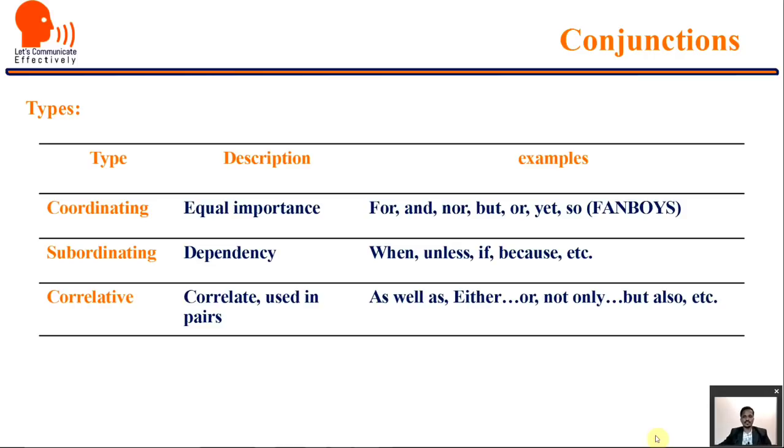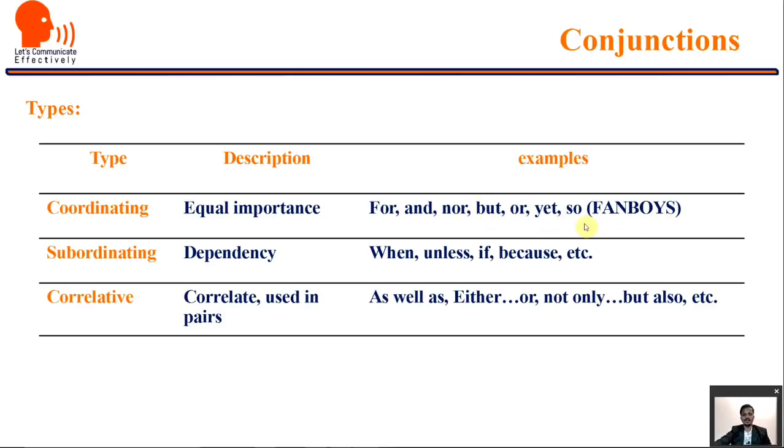The types of conjunctions are divided into three: coordinating conjunctions, subordinating conjunctions and correlative conjunctions. Coordinating, they describe equal importance: for, and, nor, but, or, yet and so. These are the coordinating conjunctions in the English language and they are known as FANBOYS. The first letter of each conjunction is taken: F-A-N-B-O-Y-S, FANBOYS.